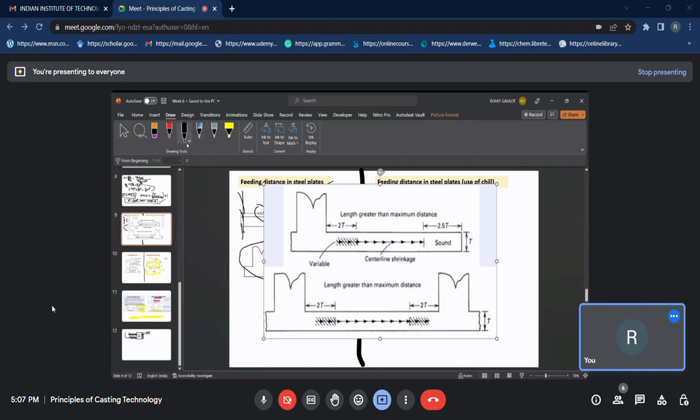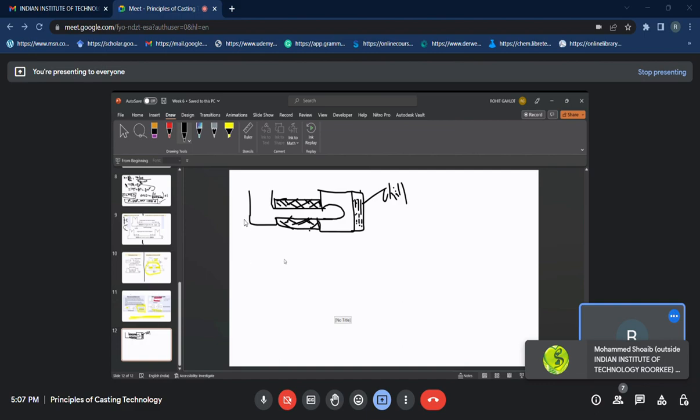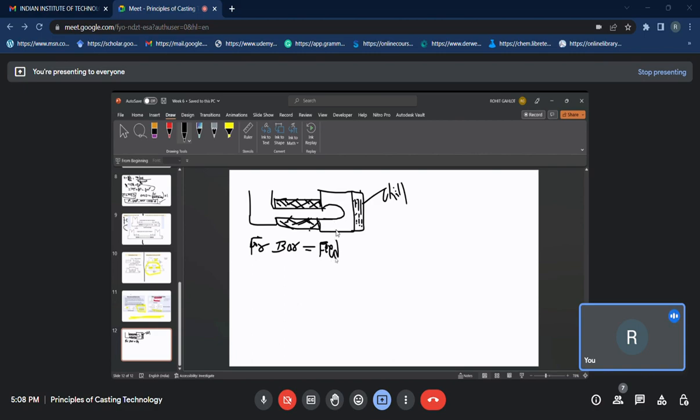In short, I will write the formulas for you. We are not doing problems on how much the feeding distance is or what the feeding distance will be if you're using chills, but you need to remember the formula. So for a bar, the feeding distance is 6 root t, and with the use of chills, this will be around 6 root t plus t.